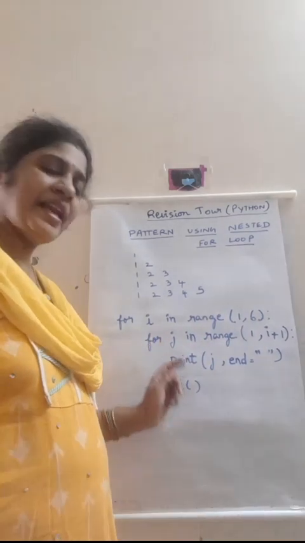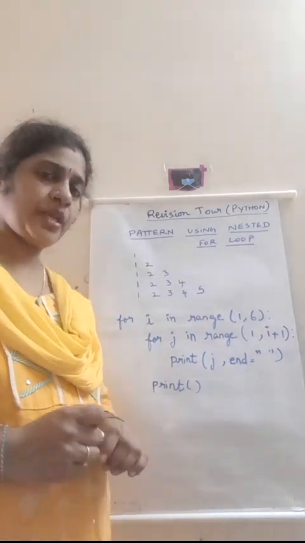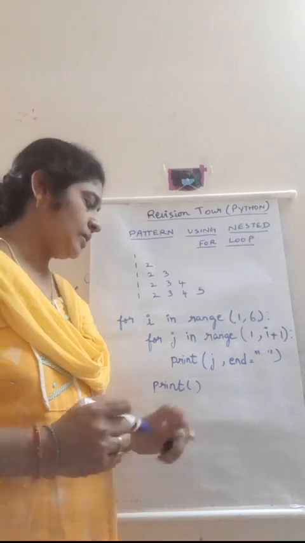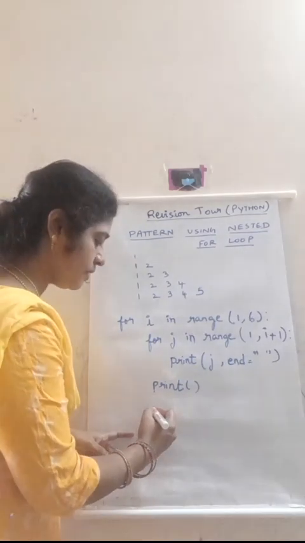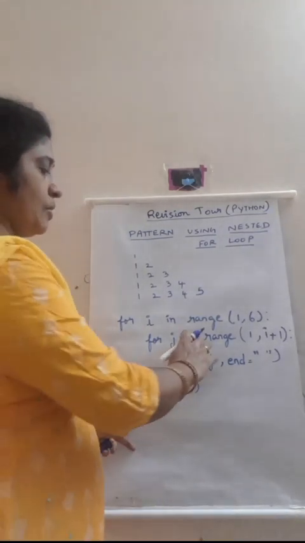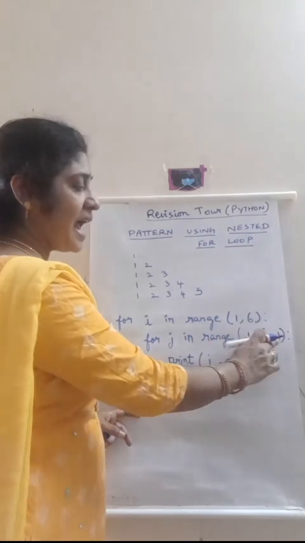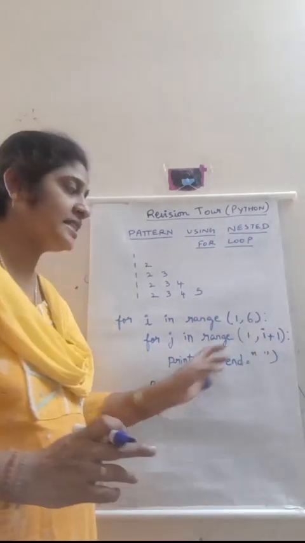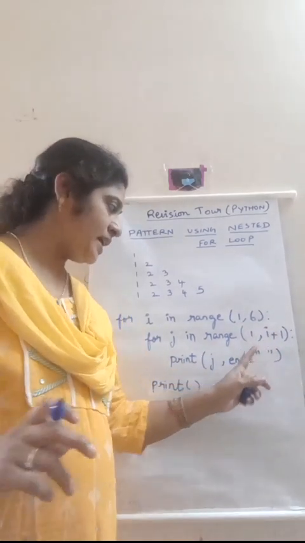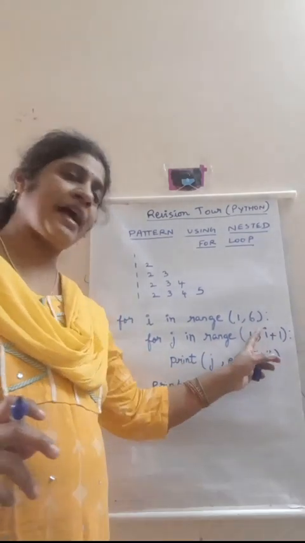And then when I value is 1, now what are the values of j? J will start from 1, and if you write here I, that is when I value is 1, then what will happen?